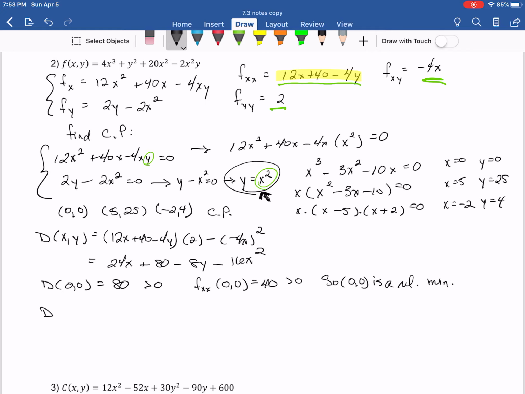Do the same thing with the other two critical points, D of (5, 25) and D of (negative 2, 4). So I'll work on that and you can do it simultaneously and we'll see what we all get.